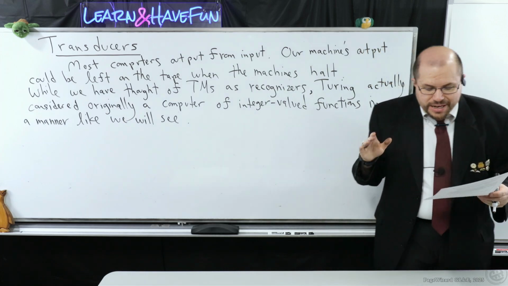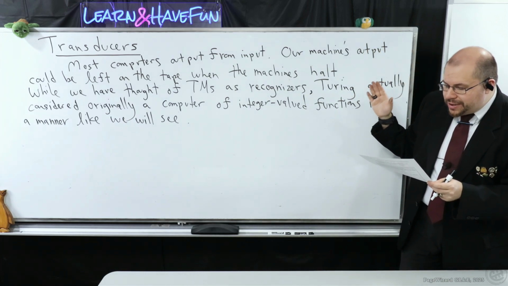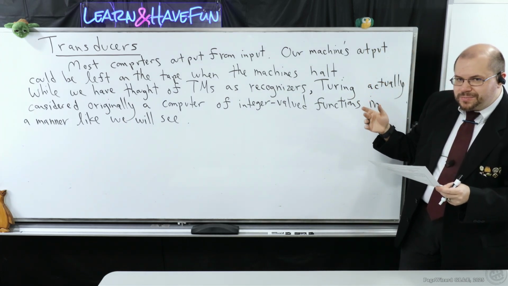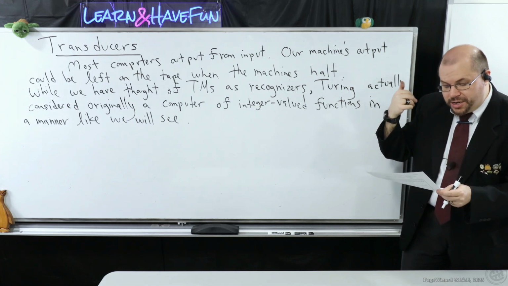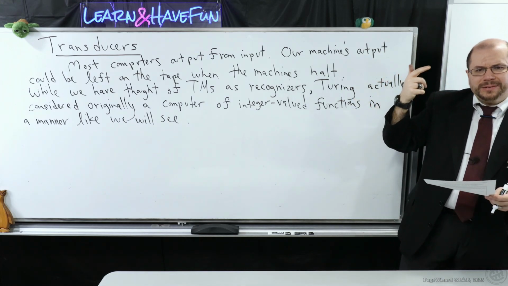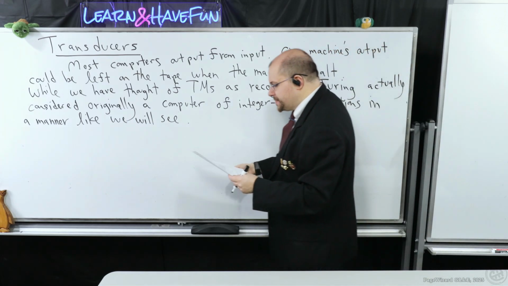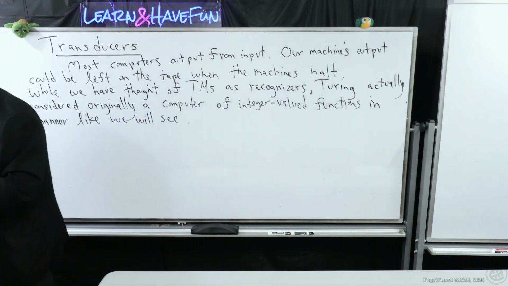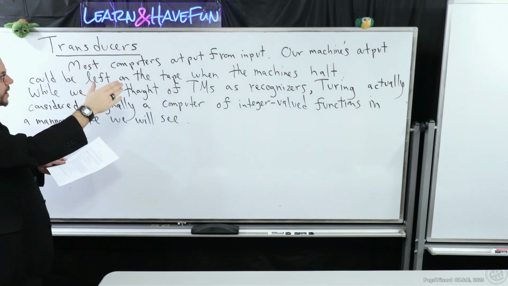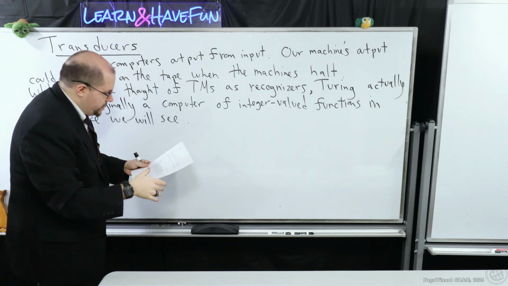So in Turing's scheme, we're given these integers, which are encoded. They may be encoded in unary or binary, and so on. And the idea is that I take in input and leave output on the tape.